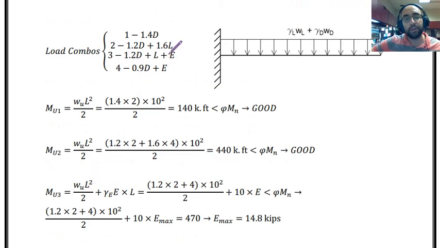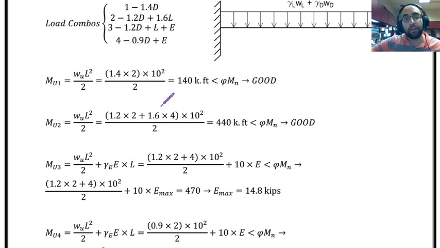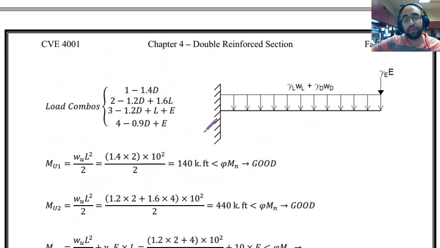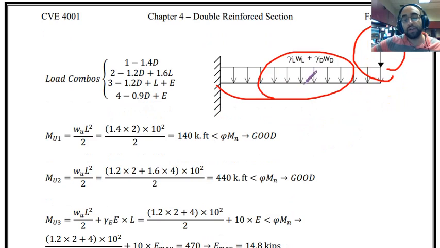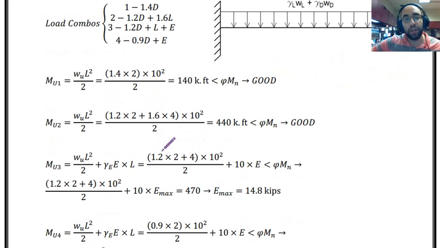Now let's consider the third load combination, which includes the earthquake load. Now the maximum moment because of the situation of having gravity loads and earthquake load is the maximum moment because of distributed load and also the maximum moment because of a point load. So the equation is like this.